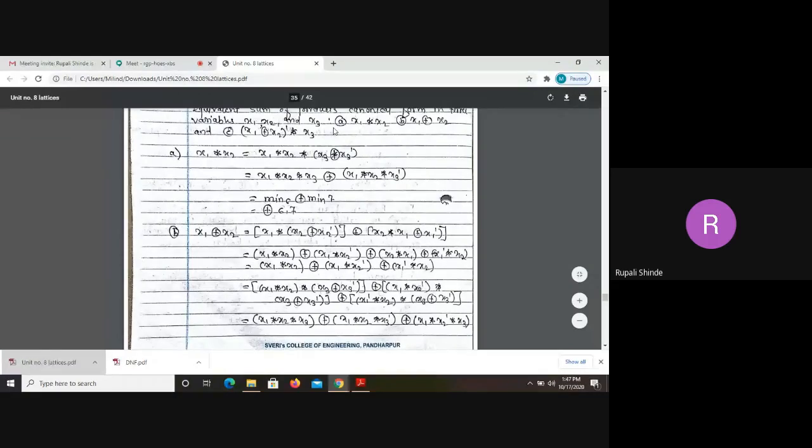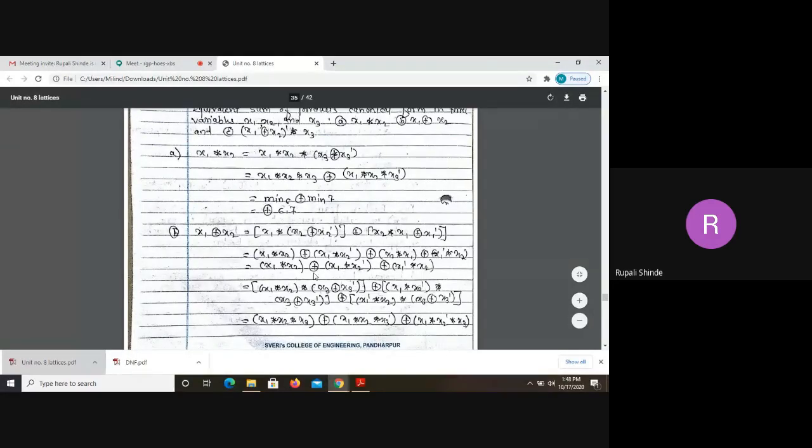So for each and every bracket there should be three variables. Now consider first bracket x1 star x2. Now for this bracket, which term is missing? कोणती टर्म ऍड करावी लागेल? x3. x3, correct. That's why we have added here x1 star x2 star (x3 XOR x3 complement).